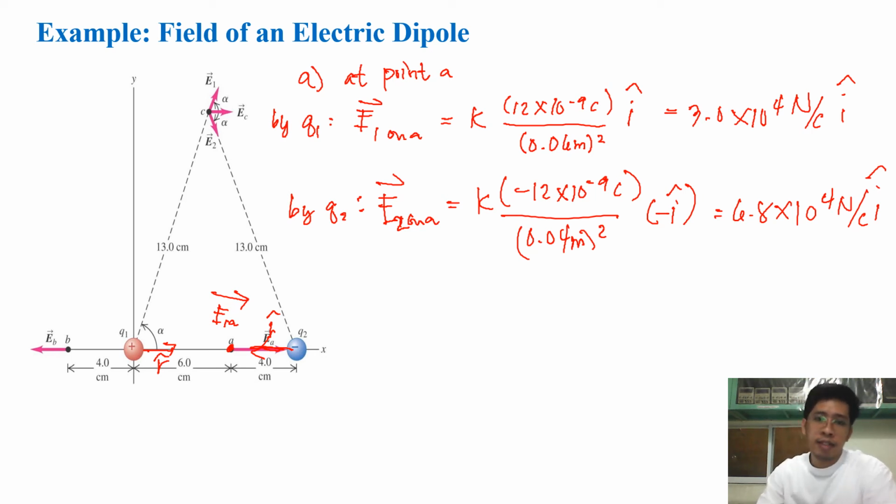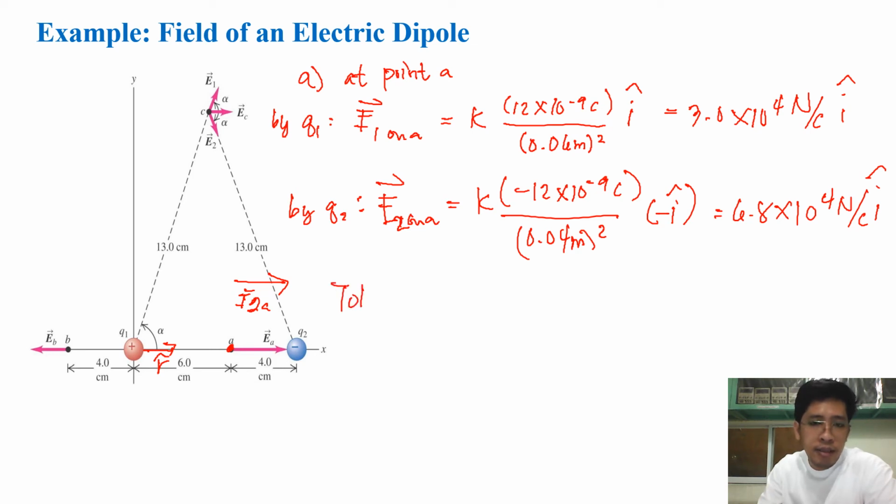So that means at point A, the field caused by Q2, which is your E2A, is radially inwards towards your charge Q2, because that's a negative test charge. Now our last goal is to find the total field.